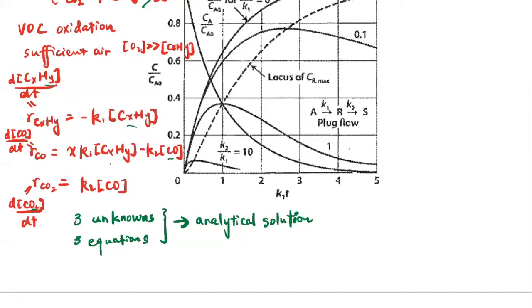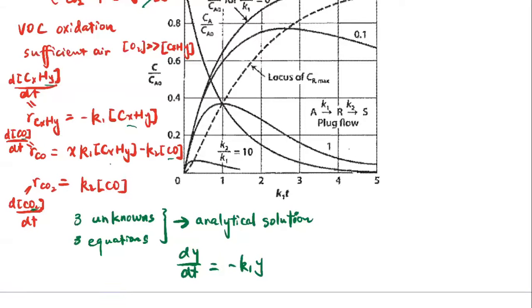If you have taken calculus, I think this is a typical problem that you are going to deal with. One thing we know for sure is that if you look at the first equation, dCxHy/dt equals minus K1 multiplied by CxHy. It's just like dy/dt equals minus K1 y.